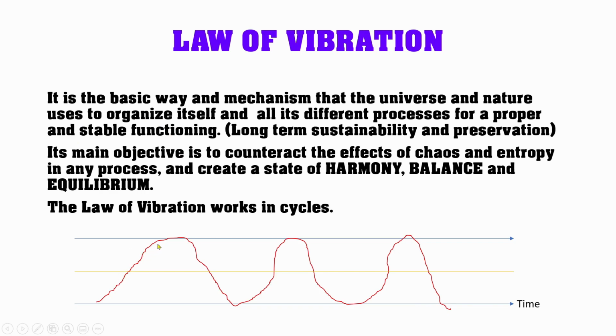As soon as it reaches an extreme point, it cannot stay here forever, so it will try to compensate and come down to the average point, the midpoint, to the harmony, balance, and equilibrium. But it cannot stay here forever either. It has to move. So its movement will cause it to come down to another extreme, and it repeats itself.